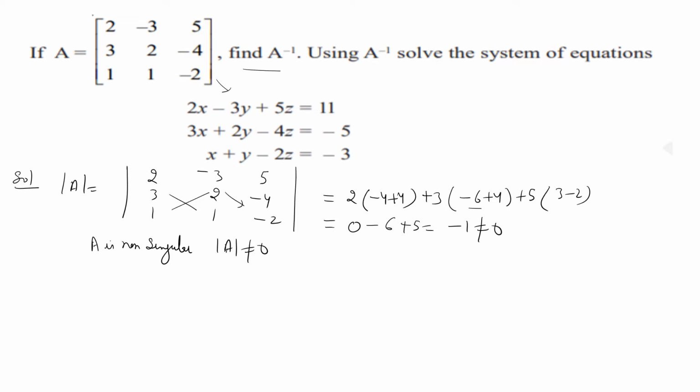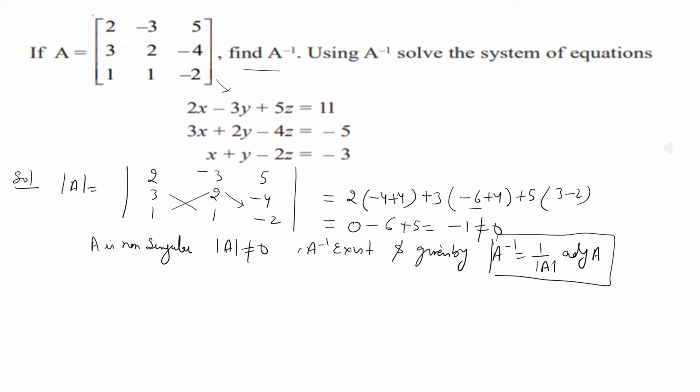So A inverse will exist, which can be calculated by your A inverse is equal to 1 upon determinant A into adjoint of A, right? So this is my A inverse. So for this, firstly I need to calculate my adjoint of A, which will be obtained by replacing all the elements by the corresponding cofactors and then taking its transpose, right?